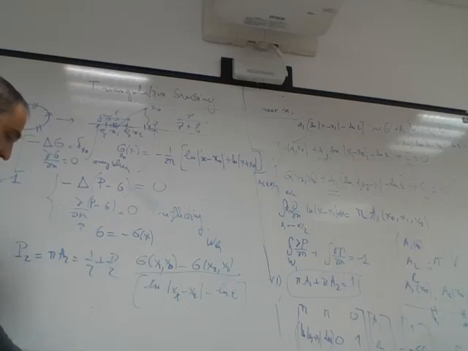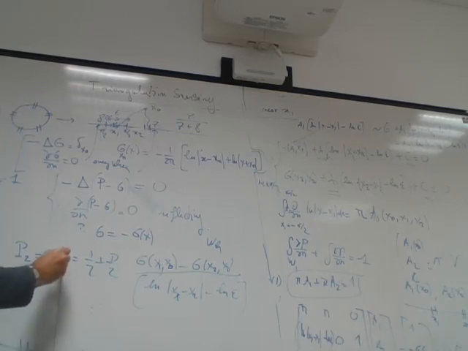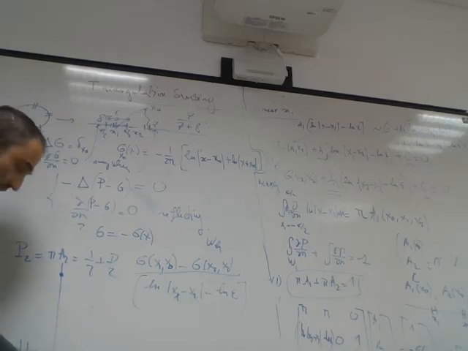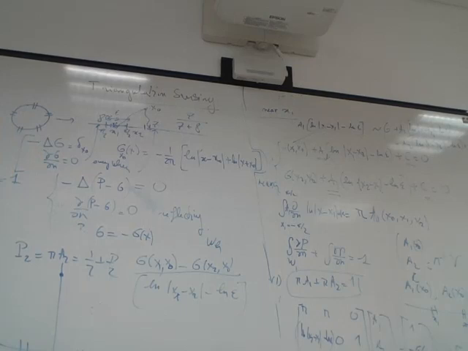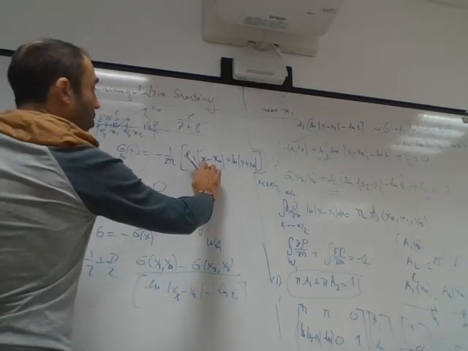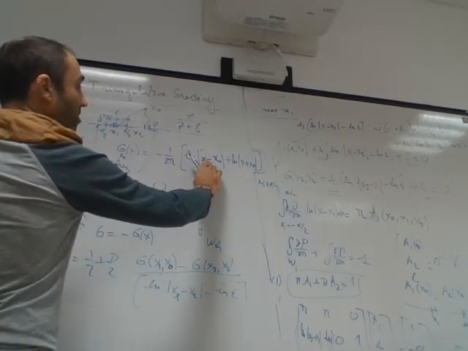If this is x1, if this is x2, and suppose the source is located exactly on the diagonal, at equal distance between x1 and x2, what's going to be the flux in average? In average, we know that it has to do with the log of x minus x0.